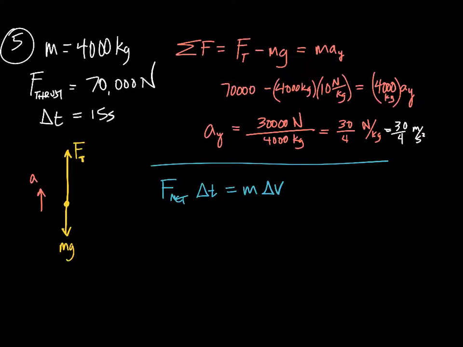All right. Normally when we write F delta T equals M delta V, we're not thinking that that force is the net force, but technically it is. It's Newton's second law. It's the sum of forces, or the net force. And so if I wanted to solve this for the change in speed, I would have net force delta T over the mass.